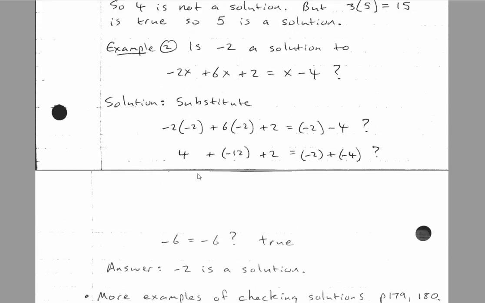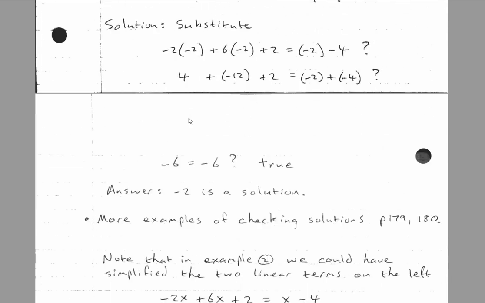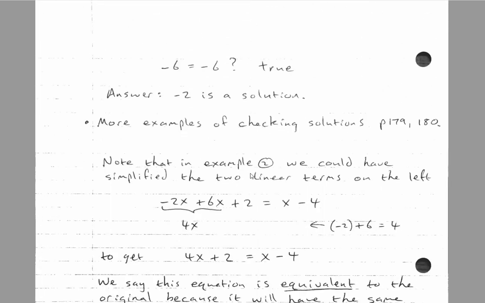So in example 2 here, we checked that negative 2 was a solution. And making the point here, we could have simplified the two linear terms on the left. So we know that negative 2x plus 6x simplifies to 4x.